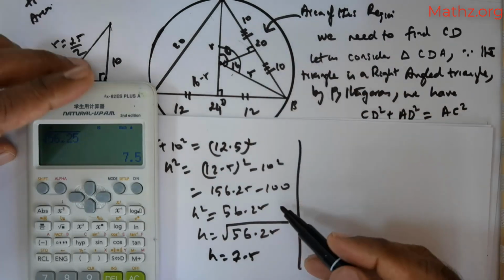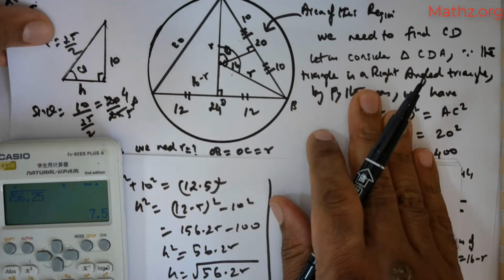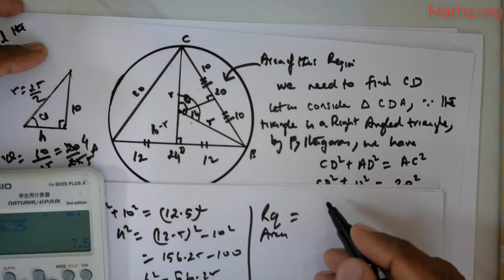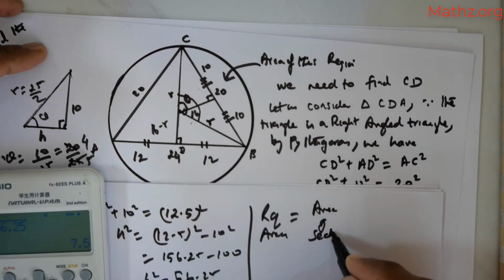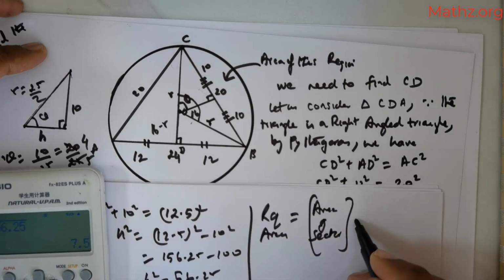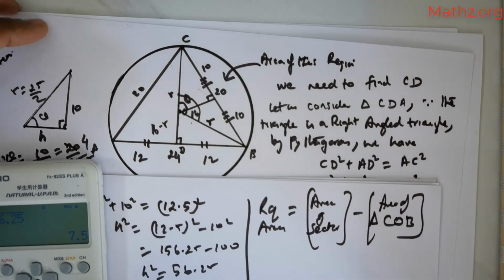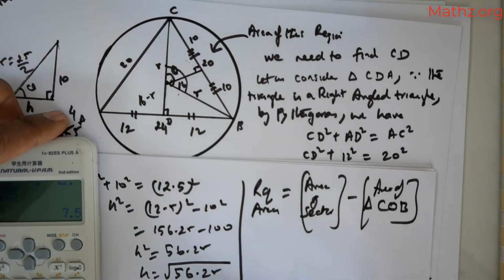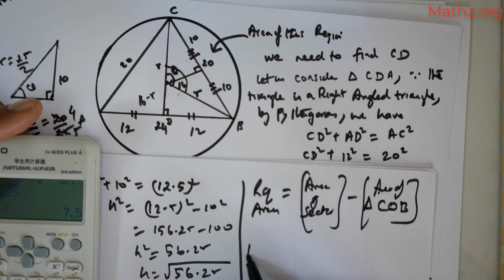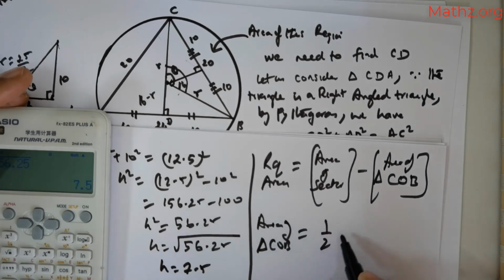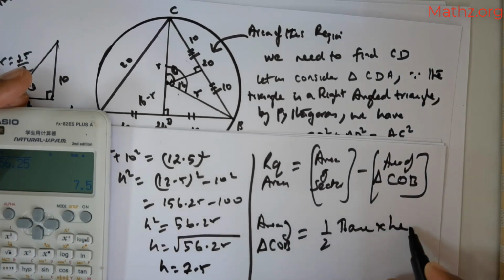Now we are expected to find the area of the triangle. Why do I have to find it? Because the required area is equal to the area of the sector minus the area of triangle COB. So let me get the area of triangle COB, which is half into base into height.